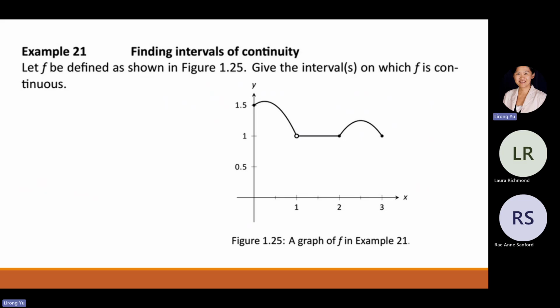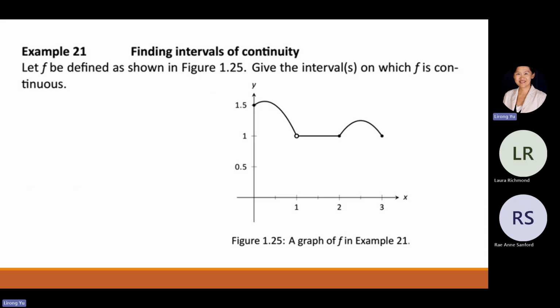And give the interval on which the function is continuous. Basically, when you think about continuity, it's like trying to move along the function graph. If you can move from left to right and it's continuous on the entire interval, fine. If you are stopped, if there's any empty spot, any breaks, then it's not continuous.